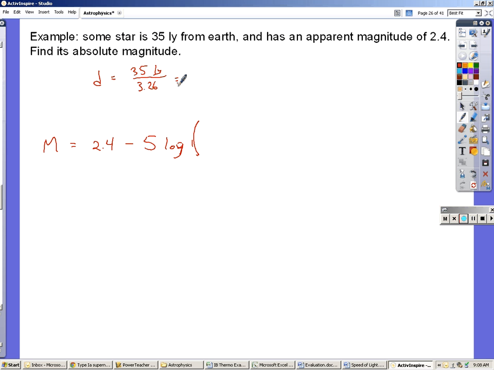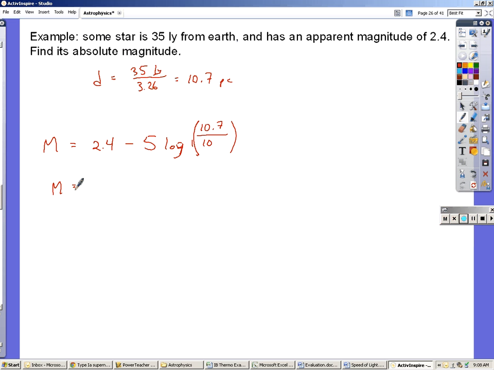Which means that the distance is 10.7 parsecs. I did that wrong on the calculator entry. So we have 10.7 over 10.